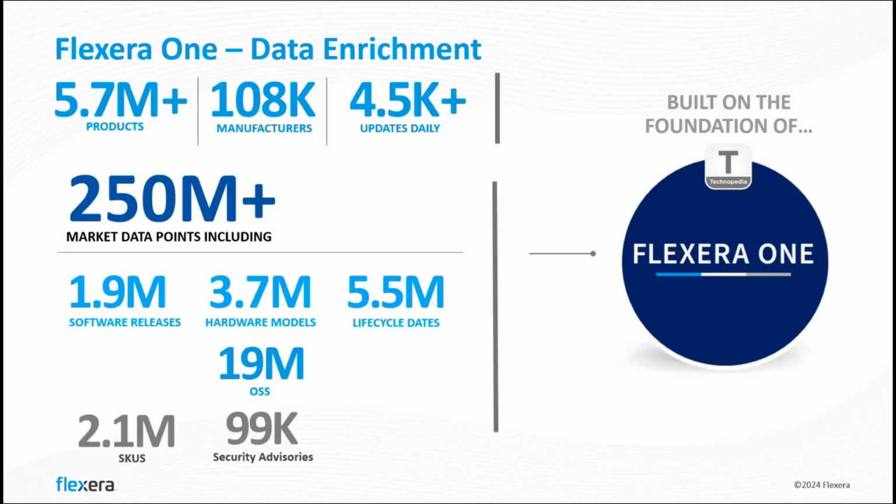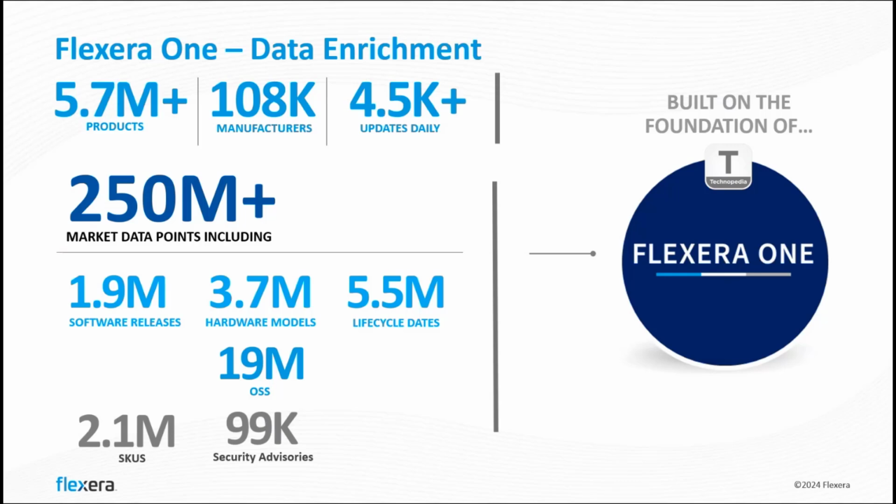So Technopedia is really that foundation. It includes a lot of products from a lot of different manufacturers, both hardware and software. It goes down to the software release level, and it goes to the hardware model level, because that's where some of those use cases that we facilitate with IT visibility have to be done.